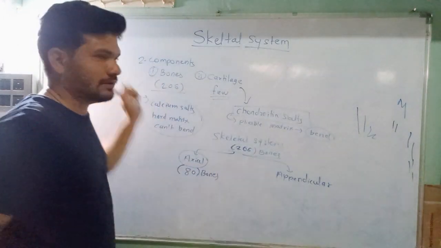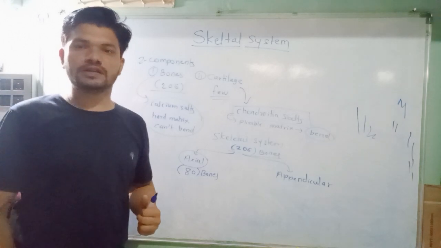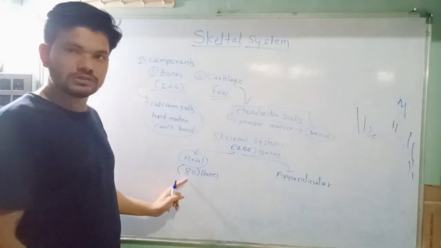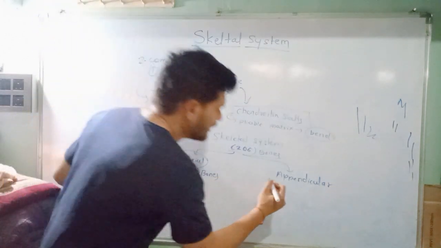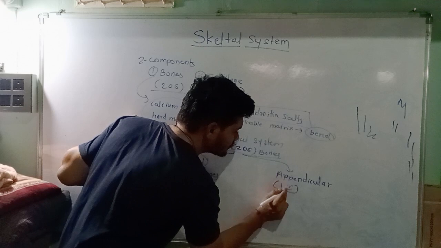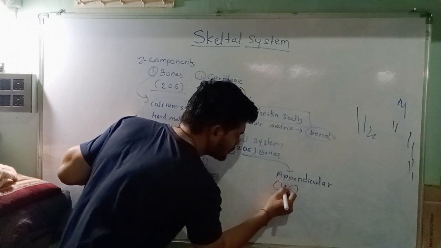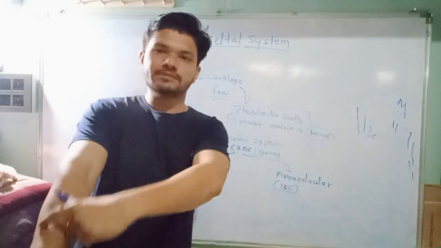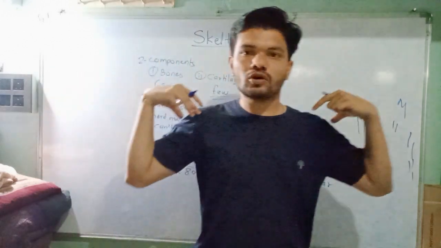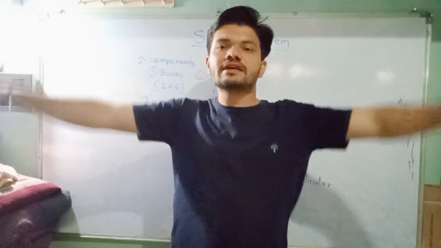Out of them, axial, which means the central axis of your skeleton, has 80 bones. Your appendicular skeleton has 126 bones, which means in your limbs and girdles. Girdles are the bones which are joining your appendicular skeleton.